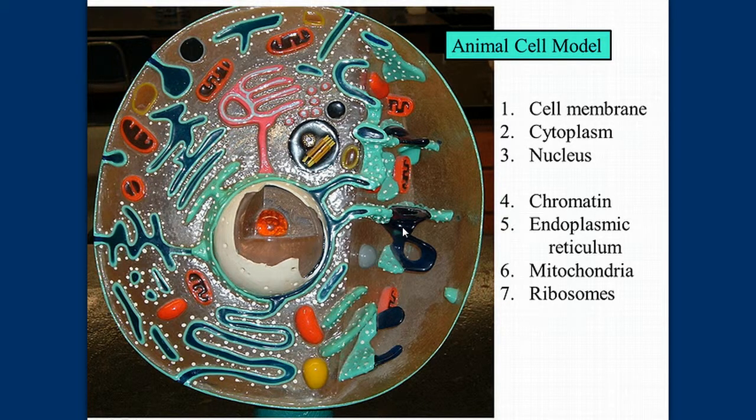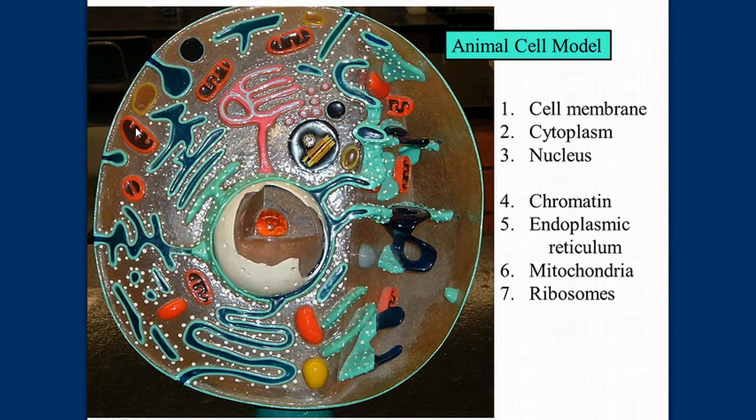Alright, the mitochondria are found in the cytoplasm. These kidney-shaped organelles here are called mitochondria. They have two layers of membranes, and the main function of mitochondria, sometimes nicknamed the powerhouse of the cell, is to break down the food, the nutrients.